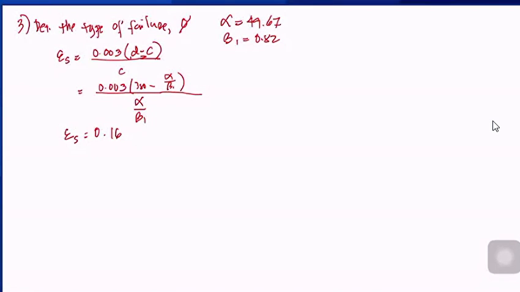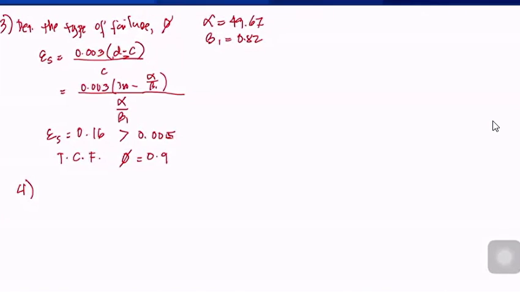Yes, sir. So this is again greater than 0.005. So that is tension controlled failure. So we use phi equals 0.9. Greater than 0.005 still. So your failure is tension controlled and your phi is 0.9.